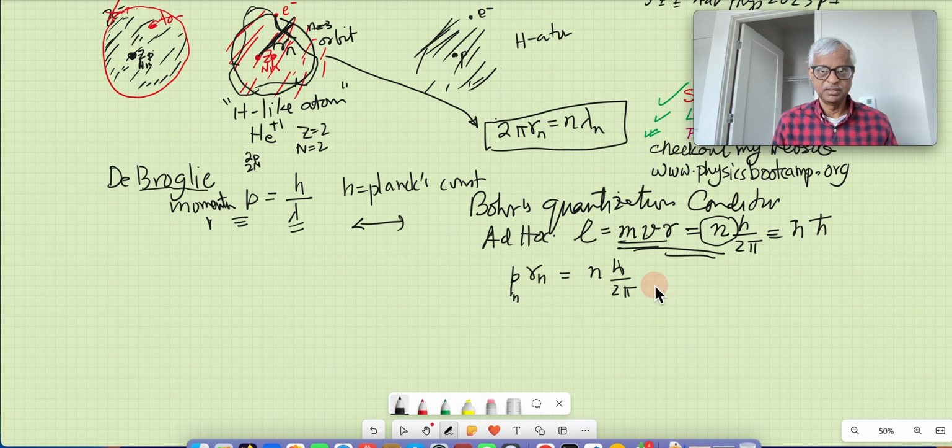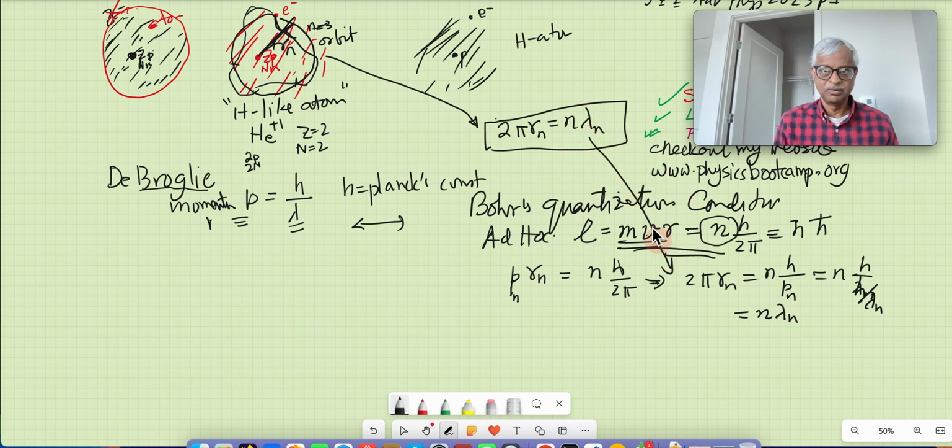Bring 2 pi to this side: 2 pi Rn equals nh over Pn in that orbit. And Pn is h over lambda n, so 2 pi Rn equals n lambda n.